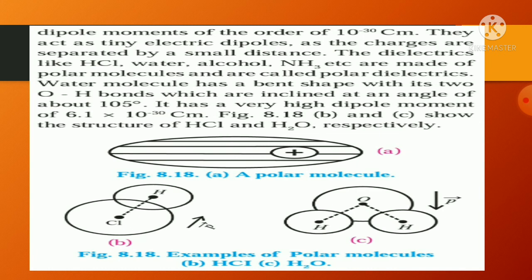So it has a very high electric dipole moment, of the order of 6.1 into 10 raised to minus 30 coulomb meter. Figure 8.18b and c show the structure of the HCl molecule and the water molecule, H2O, respectively, as shown in the figure below.